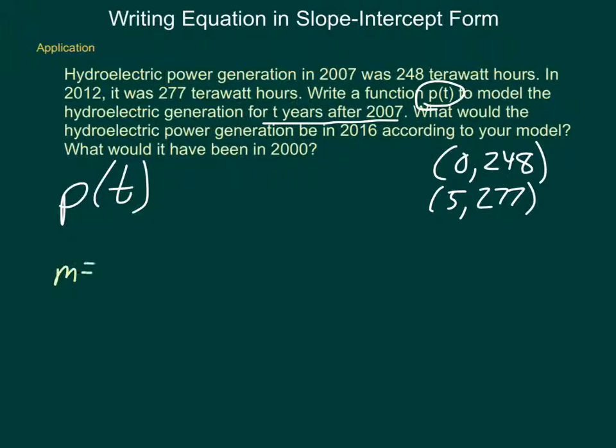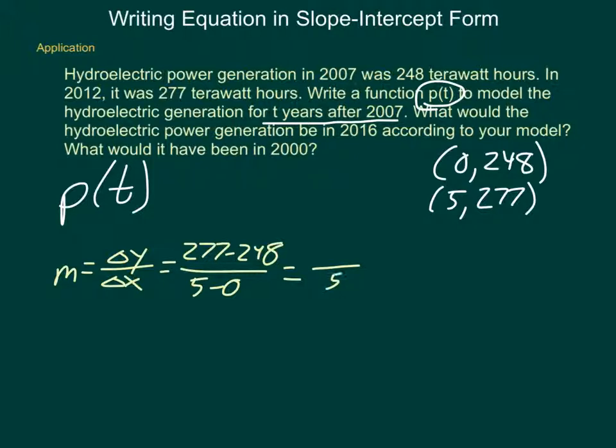m equals change of y divided by change of x. My change of y will be 277 minus 248. My change of x will be 5 minus 0. That 5 minus 0 is much easier to do, so that's just 5. My numerator comes out to be an increase of 29 terawatt hours.